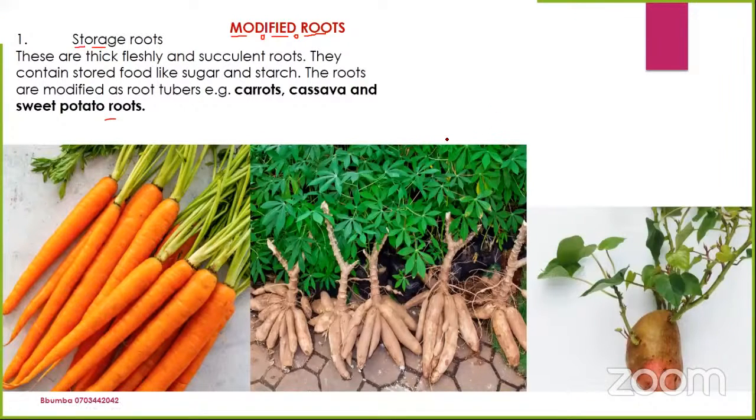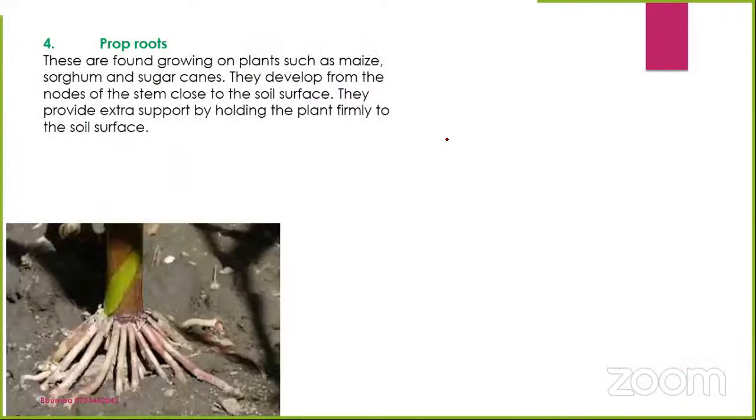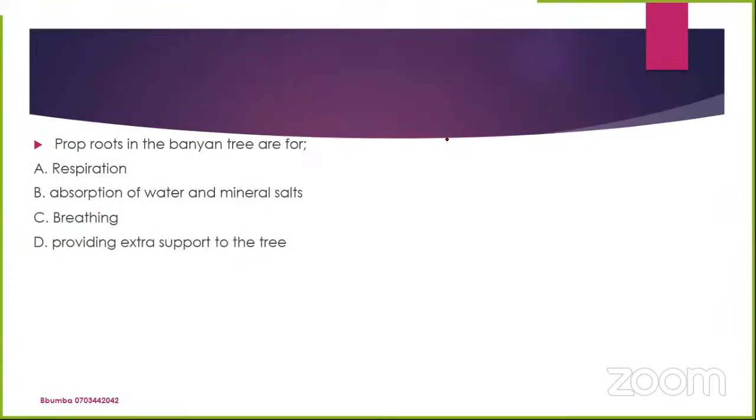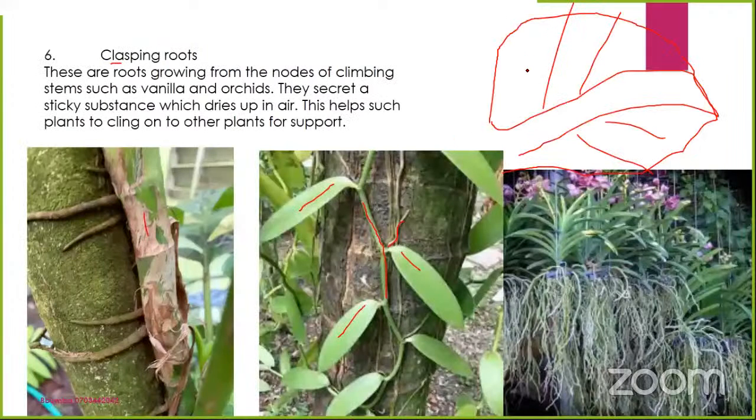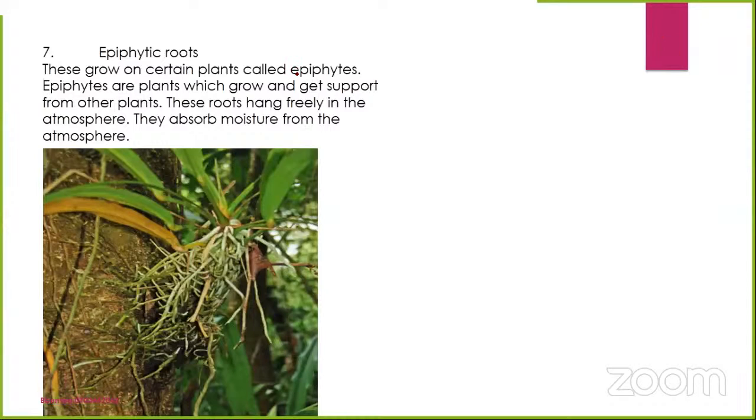I have just shown you the prop roots, the buttress roots, and the clasping roots. We also have epiphytic roots from epiphytes. Epi is a Greek term which just means on top of something, and phytes just means plant. So epi on top, phytes plant.